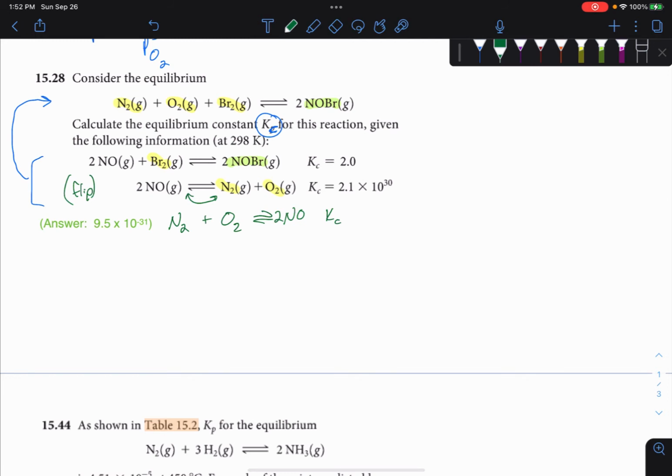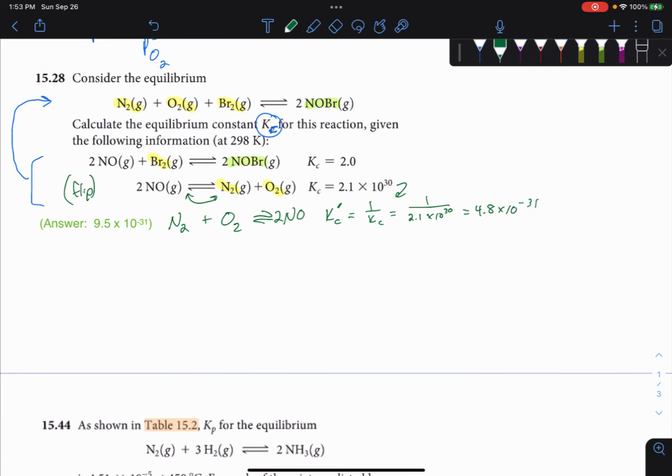Now, if you flip an expression here, you're going to invert the Kc from the original equation. So just to be clear of the math that I'm doing here, it's 1 divided by that original Kc, and that gives me a very small number, 4.8 times 10 to the minus 31.